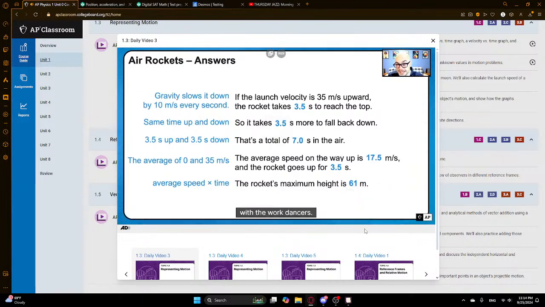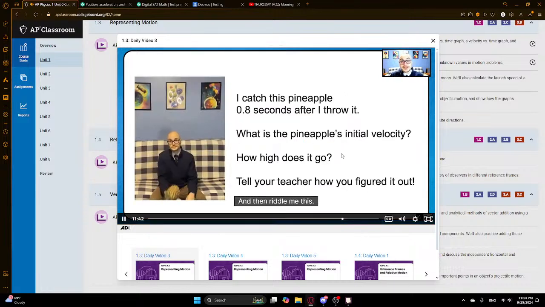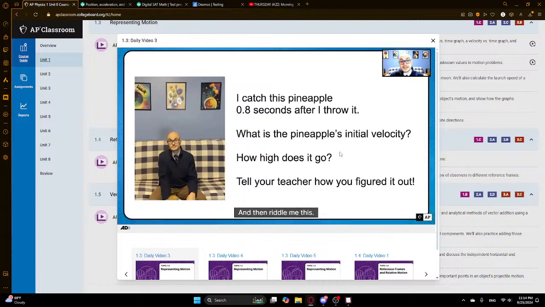Screenshot of this one with the worked answers, and then riddle me this. I catch this pineapple 20 seconds after I throw it. Pineapple's initial velocity. Bro, what is up?